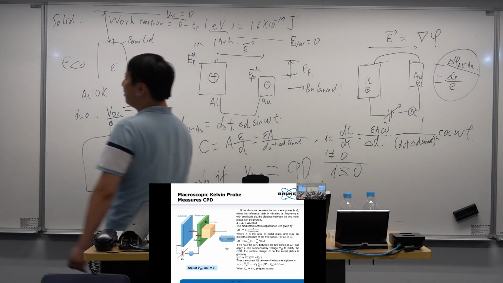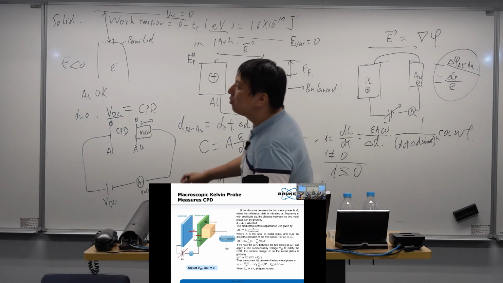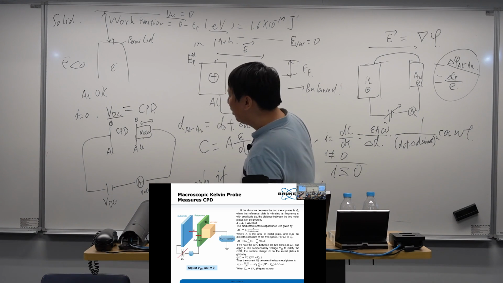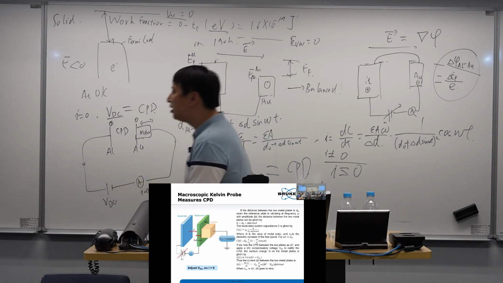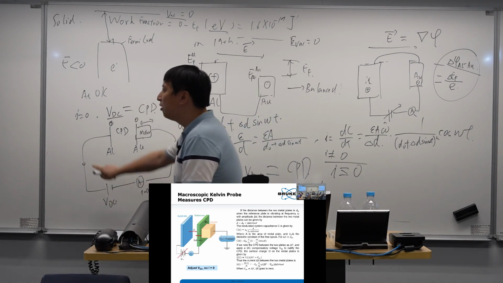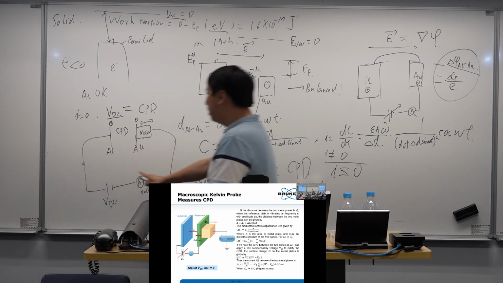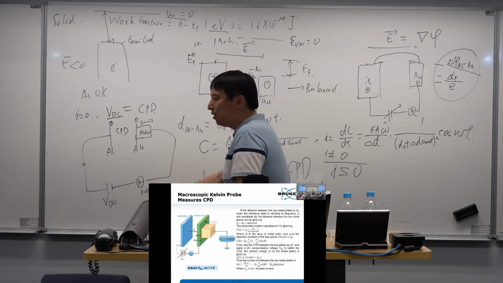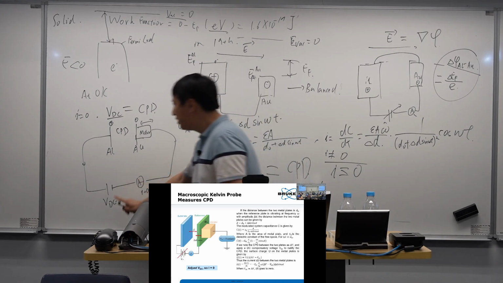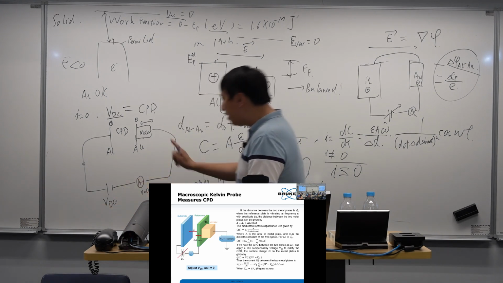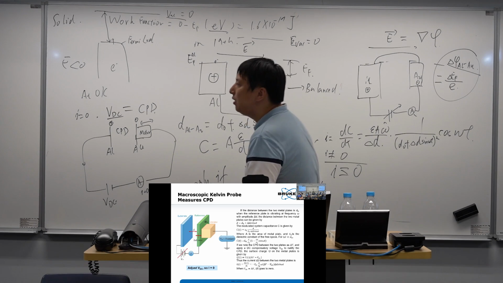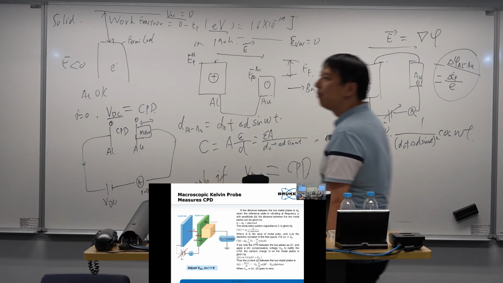So with this setup, the experiments will be much easier to do. He just turns on the switch, and there will always be a non-zero current. And then he adjusts the VDC. Once VDC equals to the CPD, the current is zero.